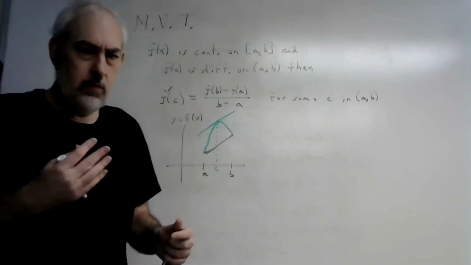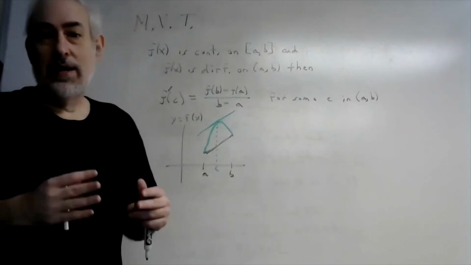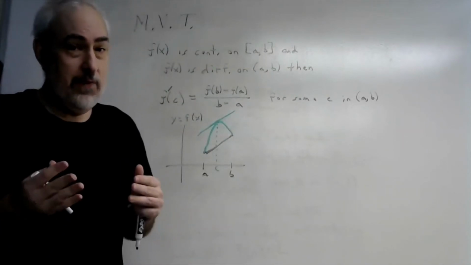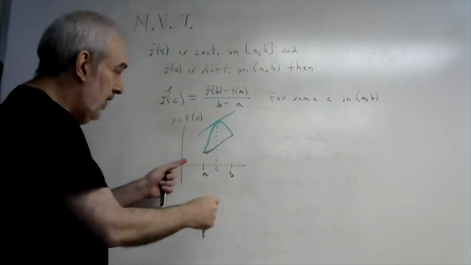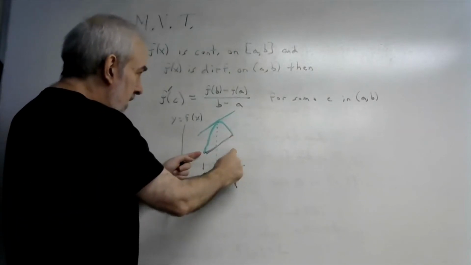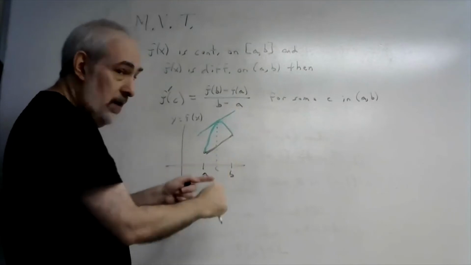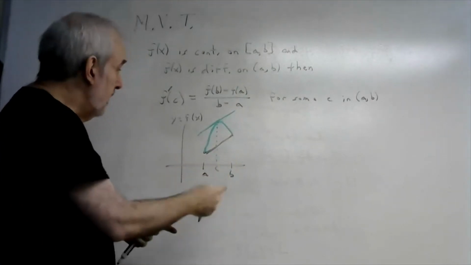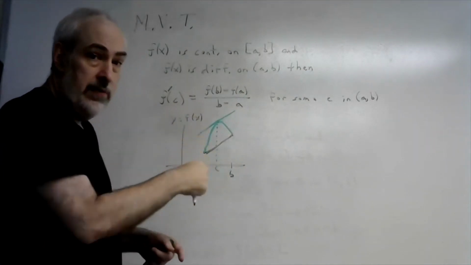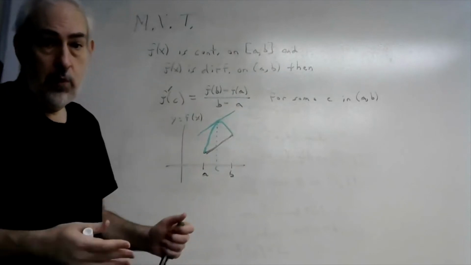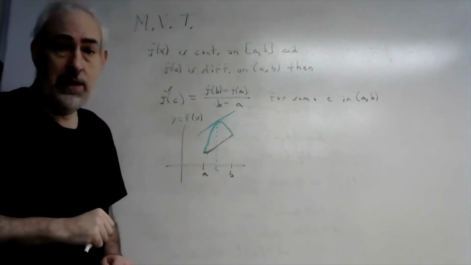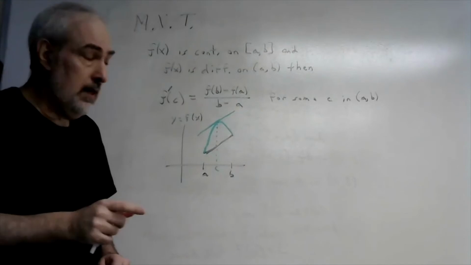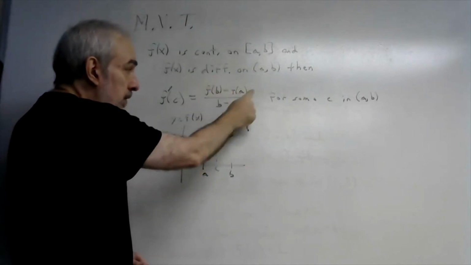Oh, and by the way, if f of a equaled f of b, that would mean these 2 points are at the same height. The slope of the secant line in this equation would be 0. And then there'd be some point where the derivative equals 0, and that's Rolle's theorem. So Rolle's theorem is just a special case of the mean value theorem, where f of a equals f of b, therefore the numerator is 0.